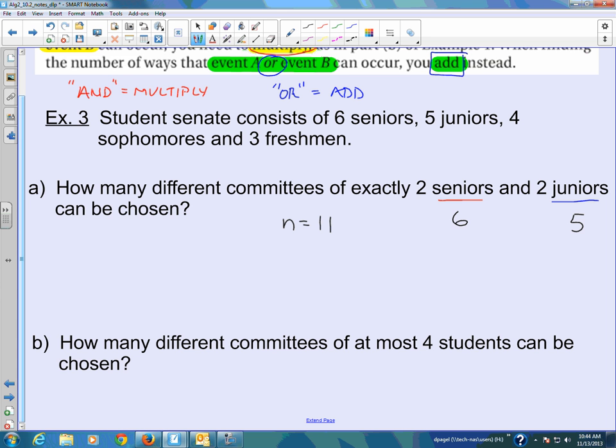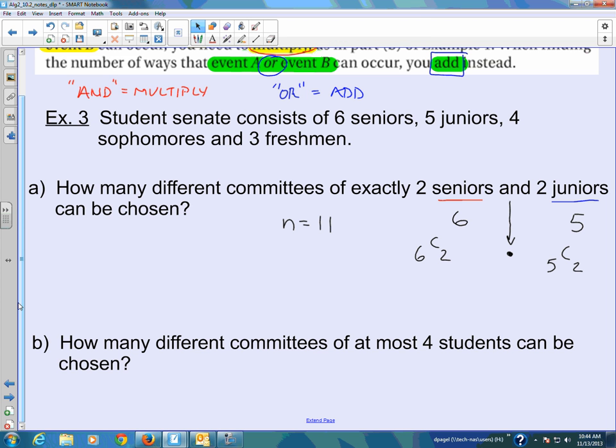All right, so we want to pick 2 seniors and 2 juniors. And again, we have separate categories working here. So out of the 6 possible seniors, we're going to pick 2. And then here's that word and. Out of the 5 juniors, we're going to pick 2.